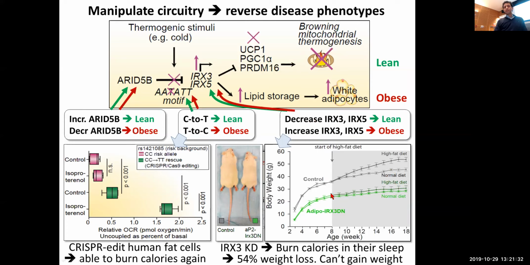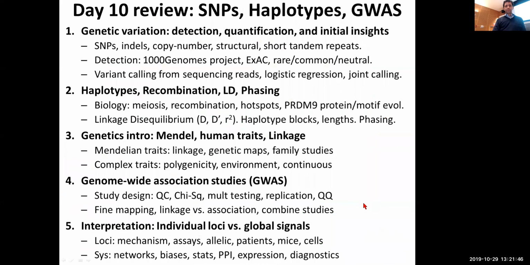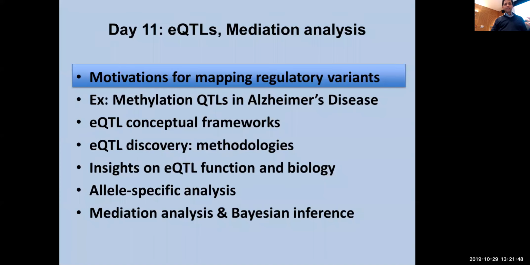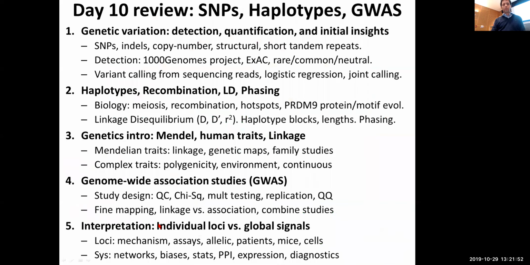So these mice start out leaner, and then when you introduce a high-fat diet here with the arrow, the normal mice gain a lot of weight. These IRX3 dominant negative mice are unable to gain weight, okay? So this is basically the foundation on which we're starting today's lecture.